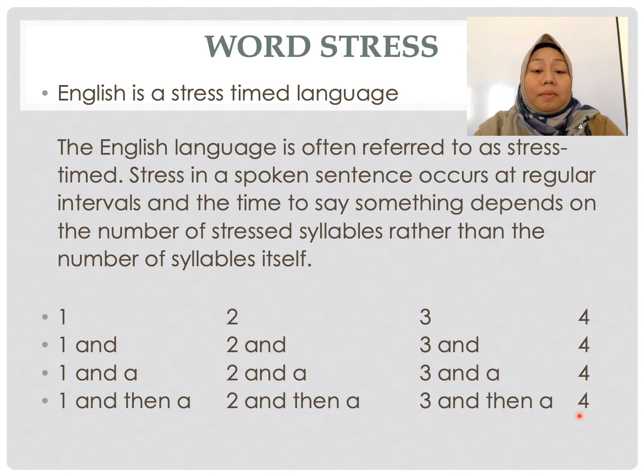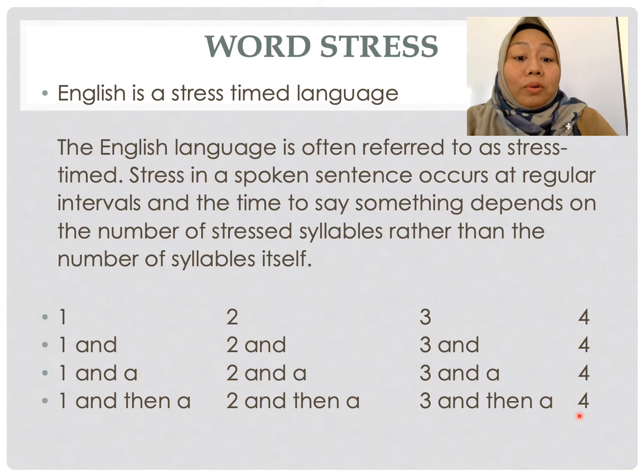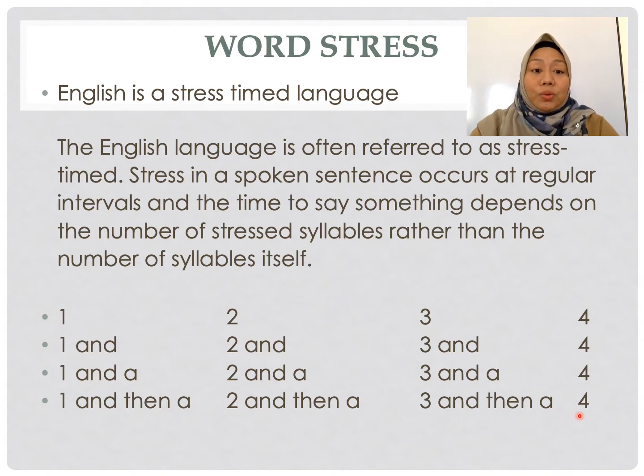Okay. I usually use rhythm to help my students see the differences in pronouncing the stressed syllable and the unstressed one. You see that the stressed syllable will be on the beat.